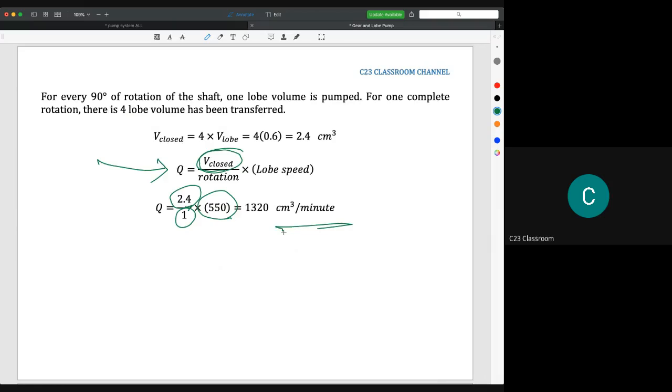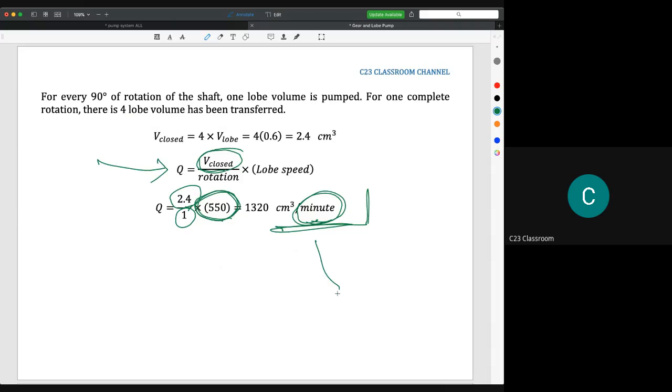So we get around 1,320 centimeter cube per minute. Why do we use per minute? Because we use 550 RPM, so we maintain the unit of minutes here, and we need to represent the unit of minutes in our final answer.